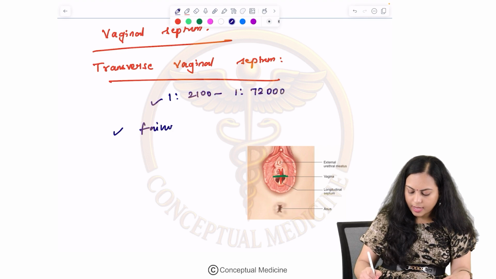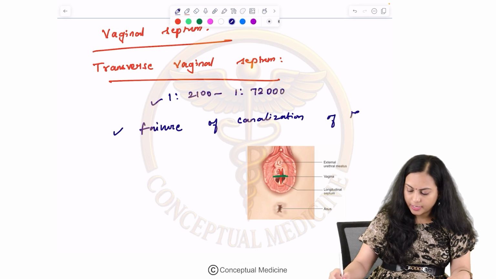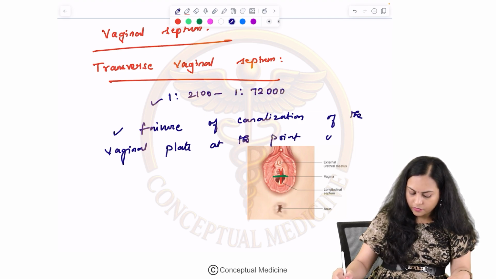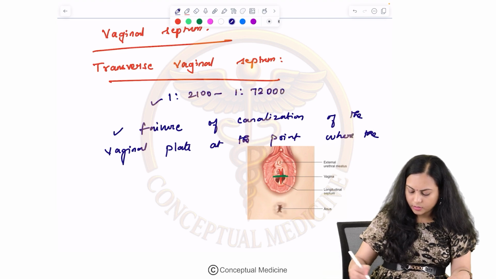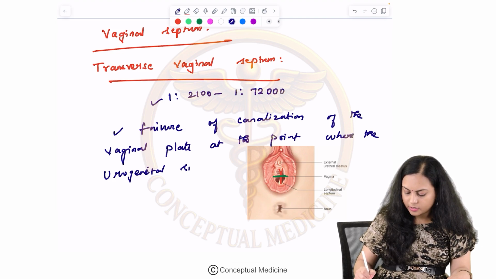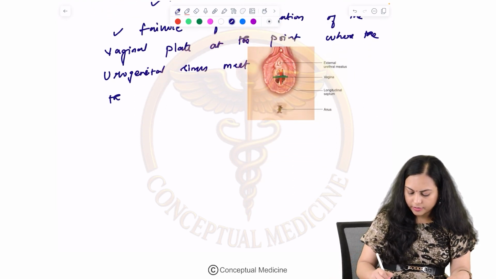So what has happened means there is failure of canalization of the vaginal plate at the point where the urogenital sinus meets the Mullerian duct.